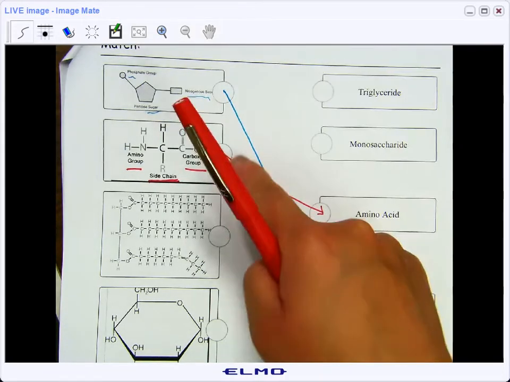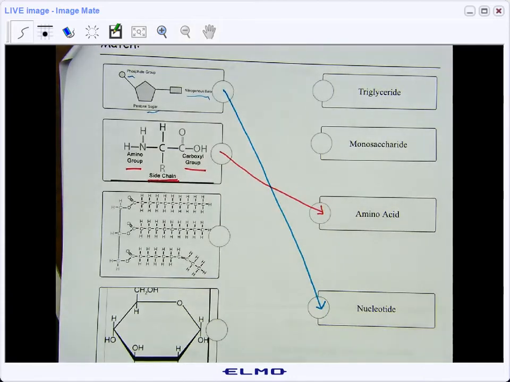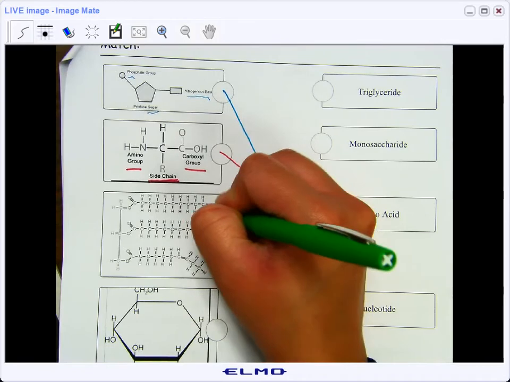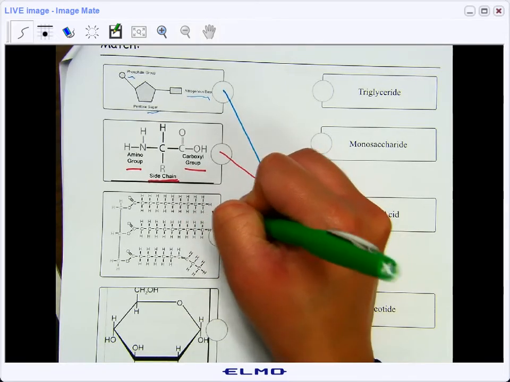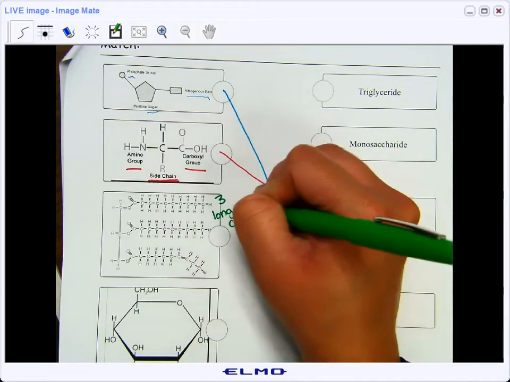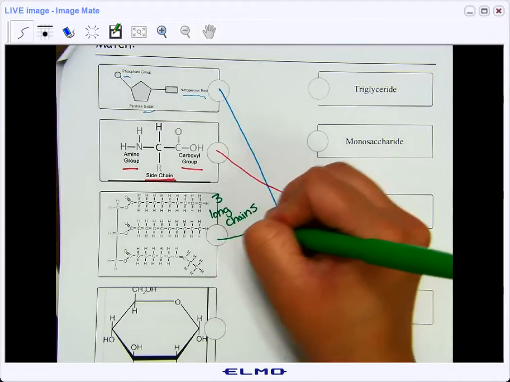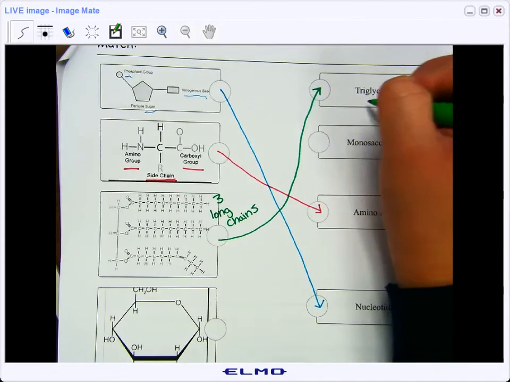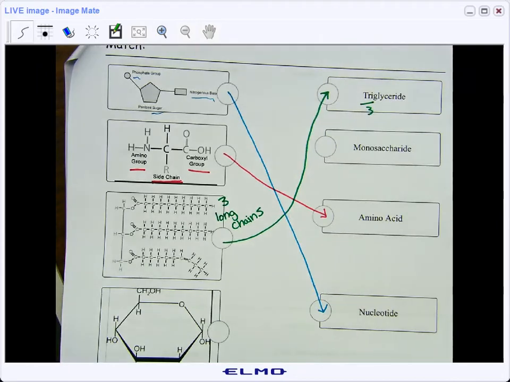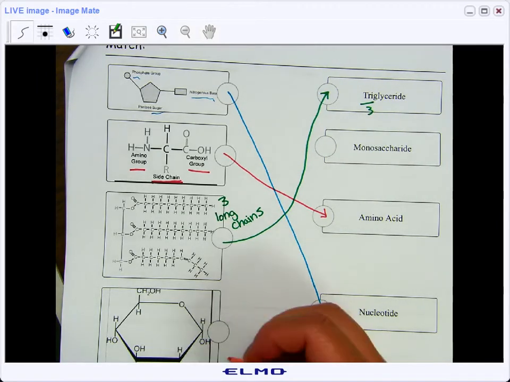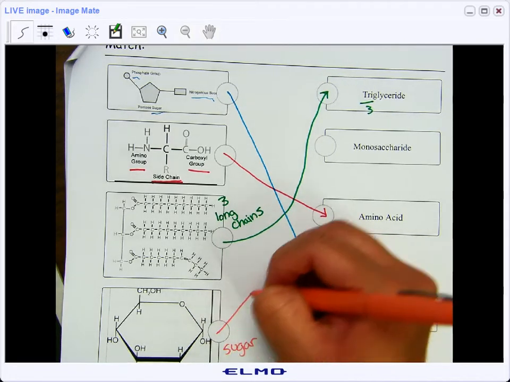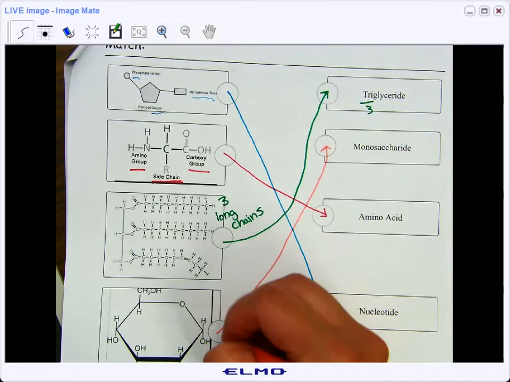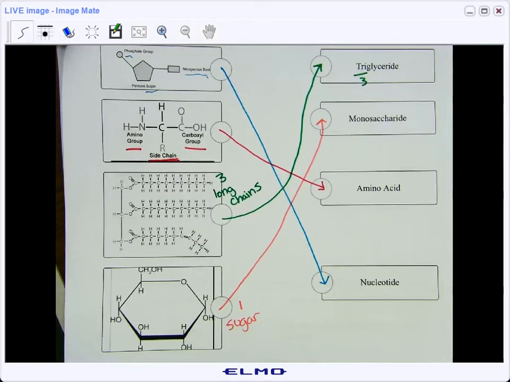And remember, there's 20 different kinds of these. Next, we have a long chain. We actually have 3 long chains. So that's going to be our triglyceride. Tri means 3. And then we have our sugar. Sugar is a monosaccharide. It's just one sugar.